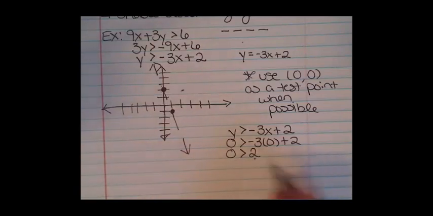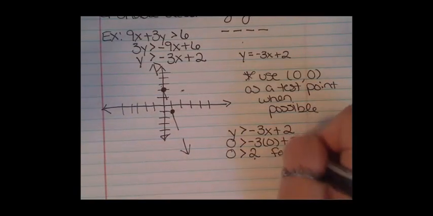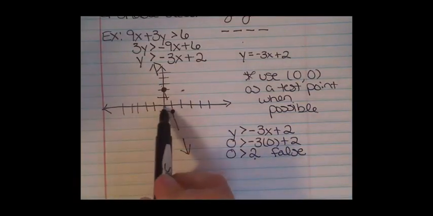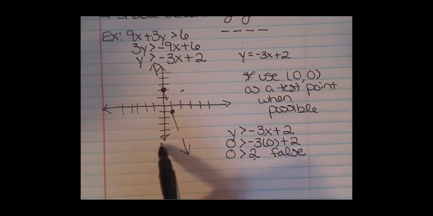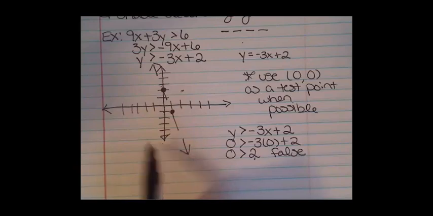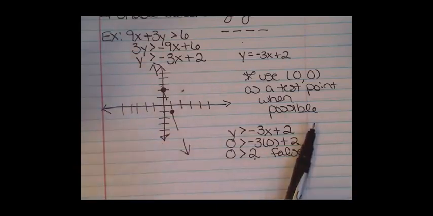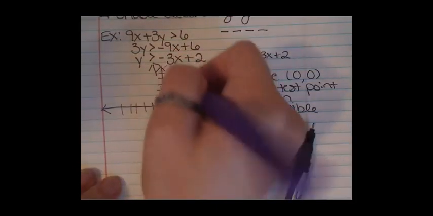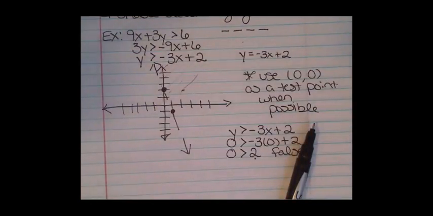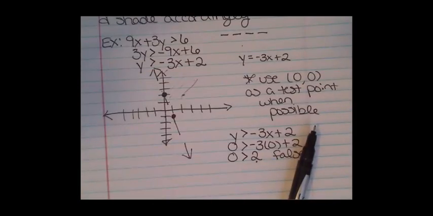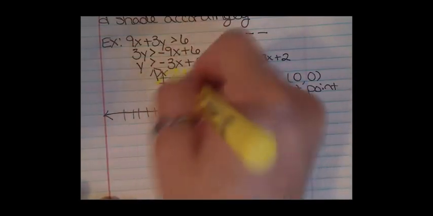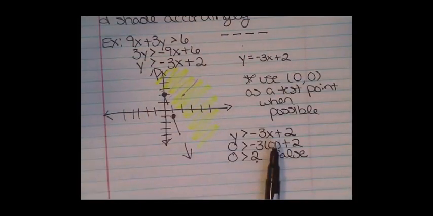No, this is false. And (0, 0) was over here on the left side of our line. So that means we're not going to shade that side. We're going to shade, if I find a marker that works, or highlighter, can you guys see that? Yeah. We're going to shade to the right of our line.